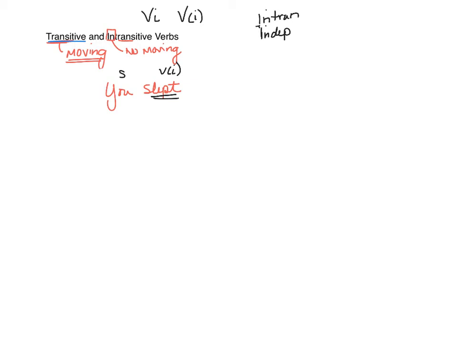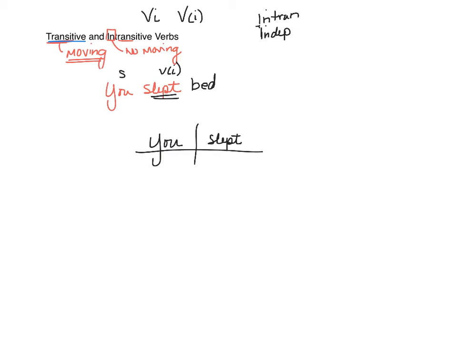It does not need an object, a noun, to finish it. It's complete all by itself. So this would simply diagram, you slept, and it is complete. In fact, look what happens when you try to put a noun with an intransitive verb. You slept bed.